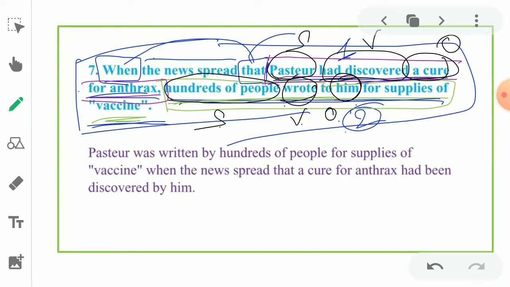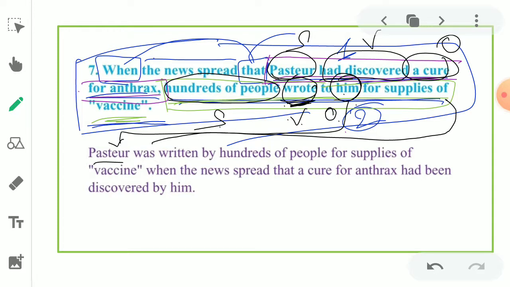Let me take the second one first. Him is changed to Pasteur. We know to whom the word him refers. So Pasteur takes the place of the subject in the passive. Look at the verb here, wrote.